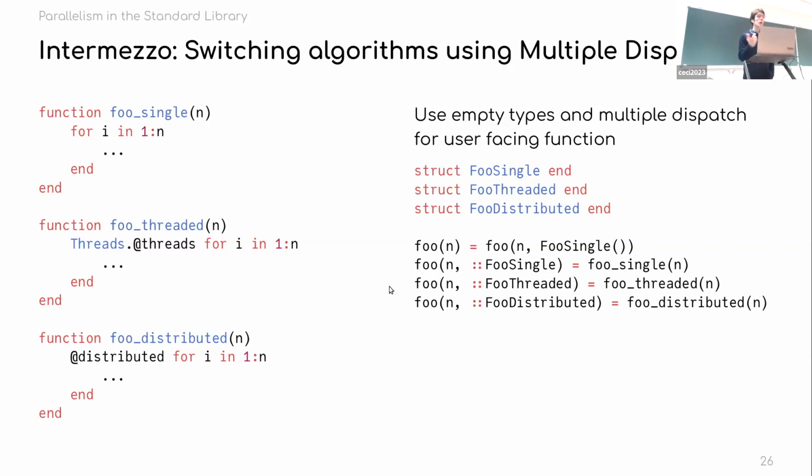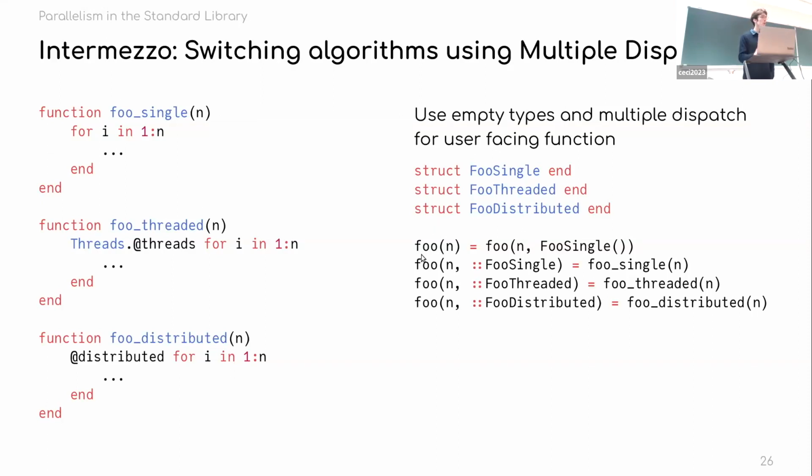There's actually a very nice way to do this using multiple dispatch. Let's say your high-level function is called foo, and you create these dummy objects: foo single, foo threaded, foo distributed. These are just empty types that represent the different algorithms that I want to use.